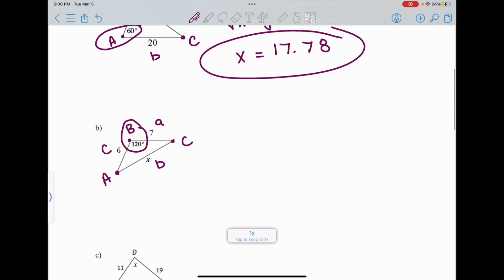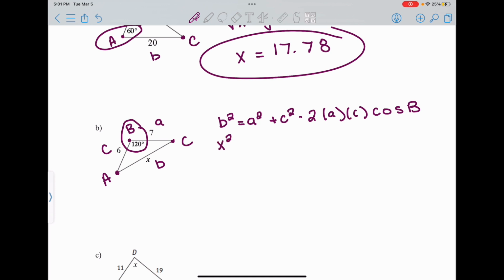So I'm going to go ahead and write b squared is equal to a squared plus c squared minus 2 times a times c, cosine of angle B. Now that I've chosen my equation, I'm going to go ahead and plug in all my values. So I have x squared equals 7 squared plus 6 squared minus 2 times 7 times 6, cosine of 120 degrees.